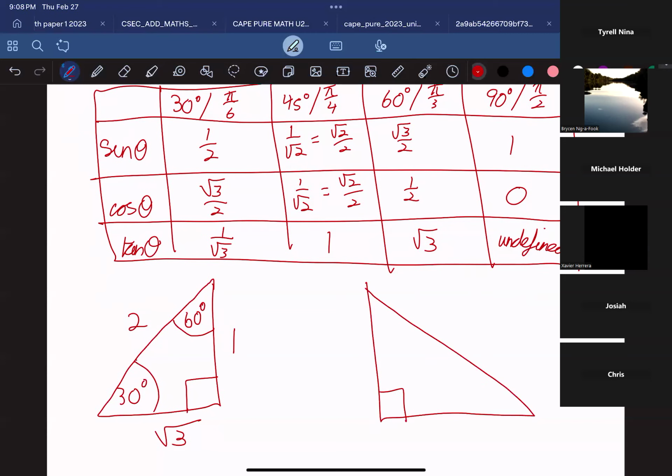So we have this is 45 degrees. This is 45 degrees, so this would be 1, 1, root 2, right? And you could get those from there, right?